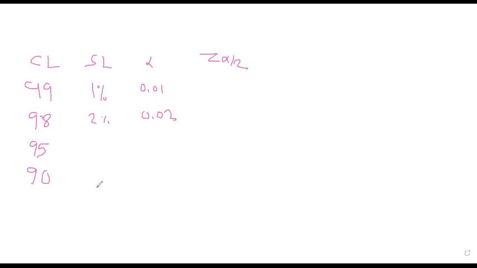What is the significance level at those two points? It's 5%. At 95%, then what is our alpha? 0.05.